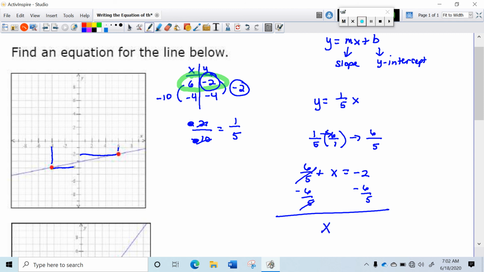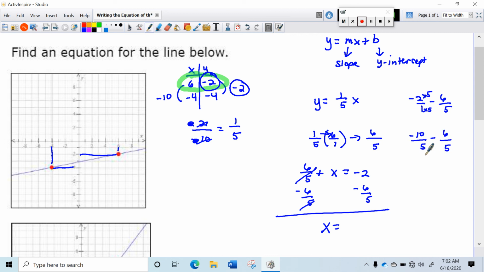Opposites cancel. B equals, okay, -2, I'm going to come over here, I need room to do this. -2/1, I'm making that a fraction, minus 6/5. I'm going to multiply this denominator and numerator by 5 so that both fractions have 5 on the bottom. So I'm going to have -10/5 minus 6/5.